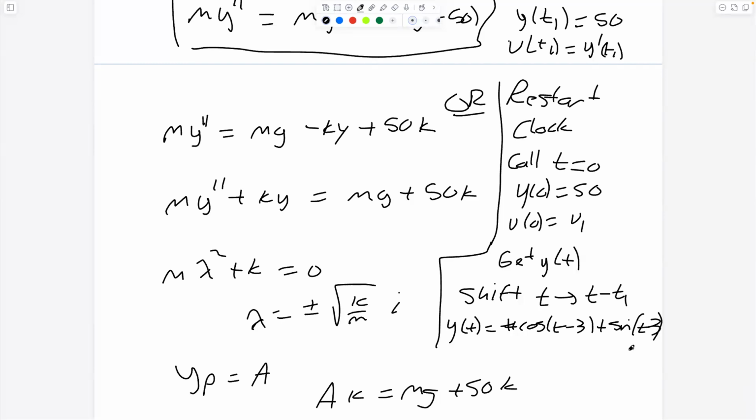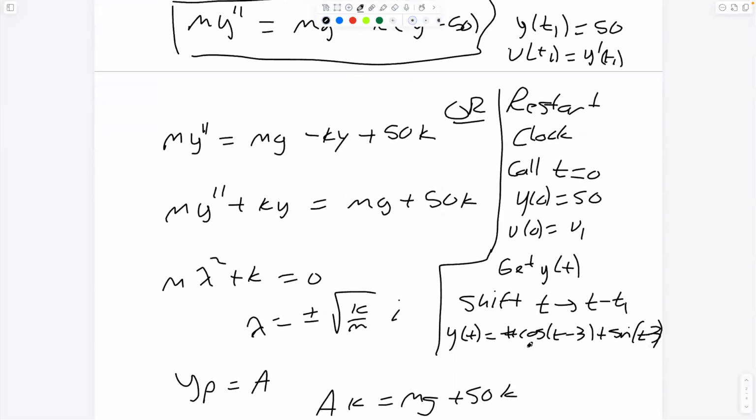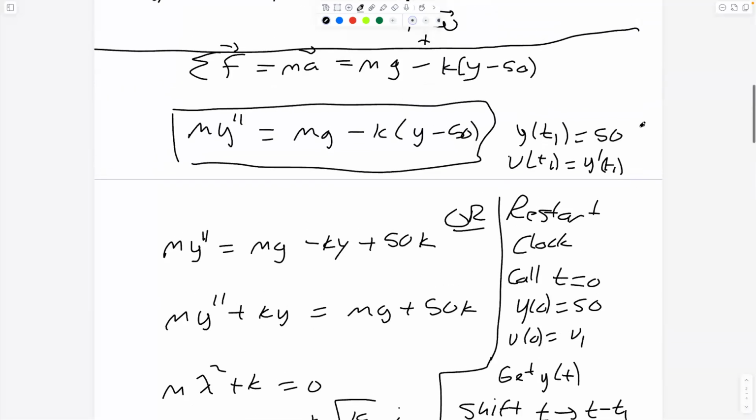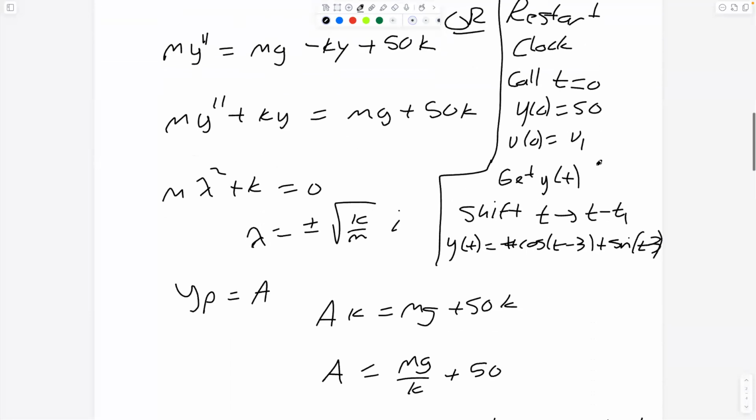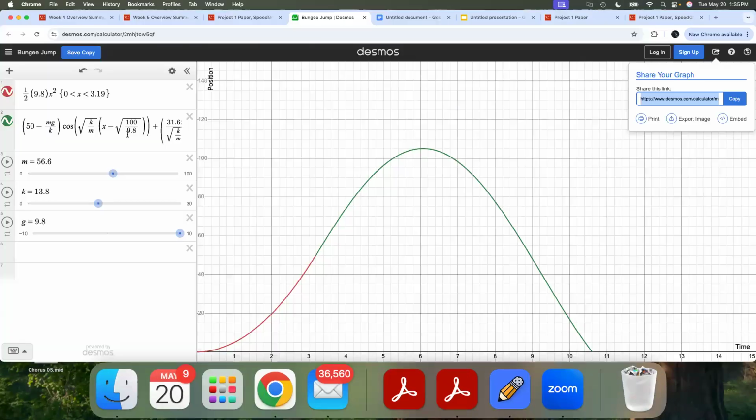This will make solving for C1 and C2 easier because you get to use zeros instead of 3.19. But then there's this conceptual step of, okay, now we got to shift our clock back over. Or alternatively, I mean, it's not too bad here. You solve a system of equations using these two values. And as a group, decide which way you want to do it. Like I'll show you here, this other group did it.